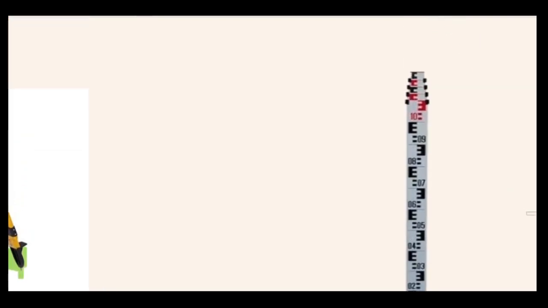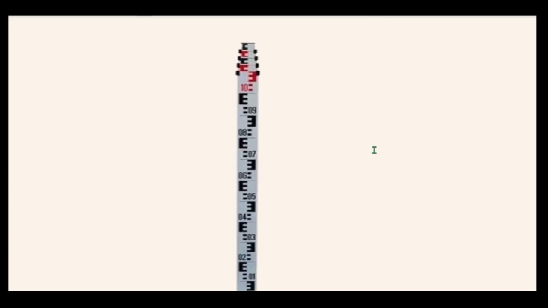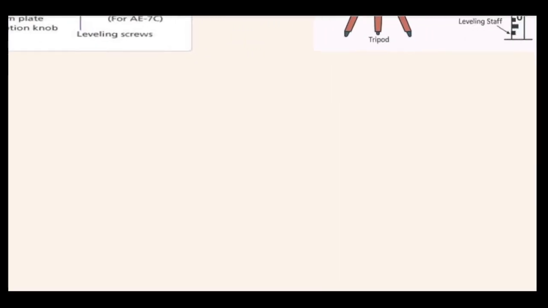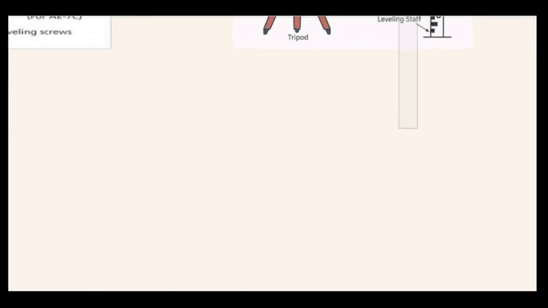Now let's look at another one, the leveling staff. This is what the leveling staff looks like. A leveling staff is an instrument used to measure the elevation, the reduced level, from a point, using the automatic level instrument.